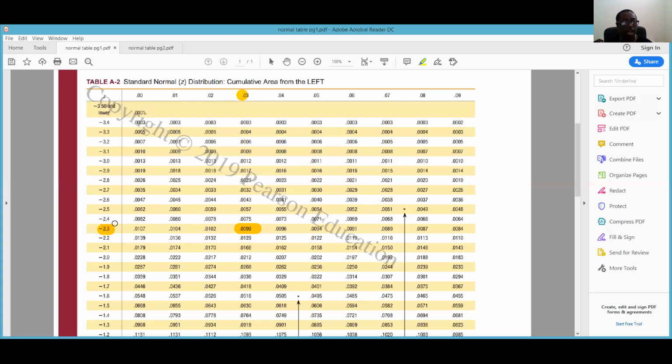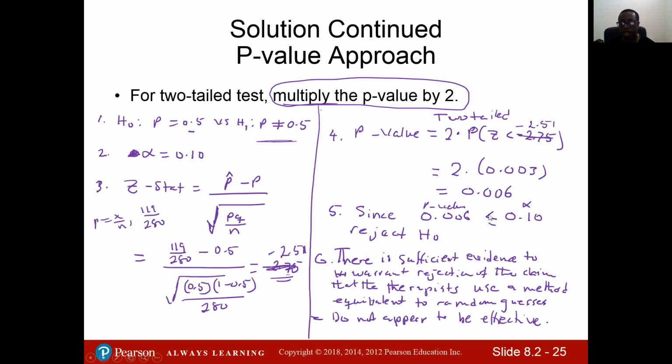Okay, which is correct. So this probability here, if you read that, should be 0.006. Then multiply by 2, you get 0.012. 0.012 is less than alpha, so the conclusion is the same.